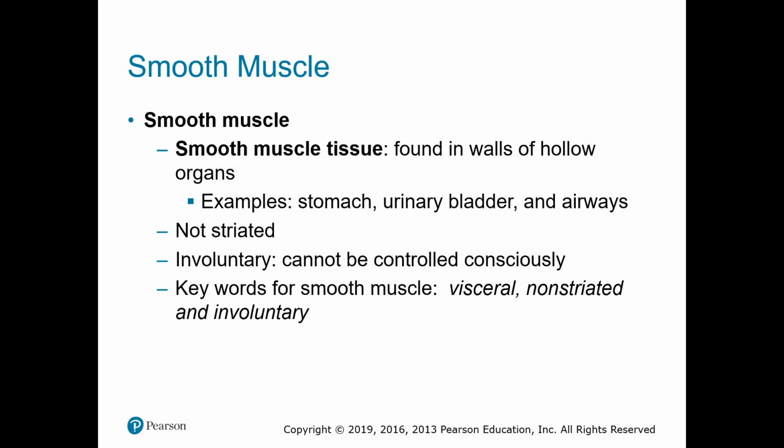Smooth muscle is found around the hollow organs like the stomach and the gallbladder and the urinary bladder, around our airways, for example, and around all of our blood vessels to control the movement of blood. We don't control smooth muscle, and we don't control cardiac muscle.